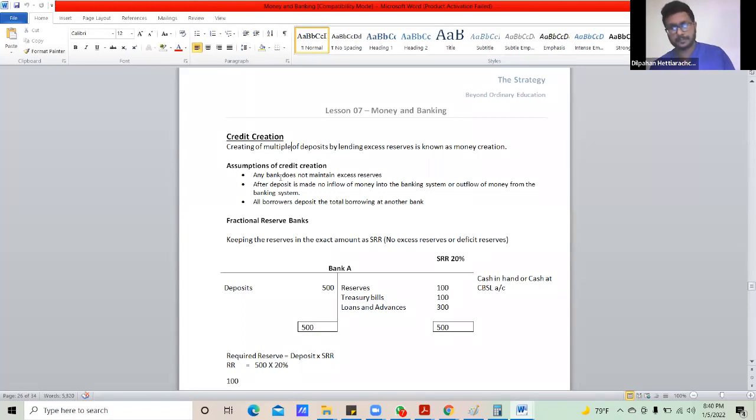Then what happens in the overall economy? I think I have money worth 1 million in my account, and actually that money is with another person. So overall, there will be 2 million counted as money supply in the country.